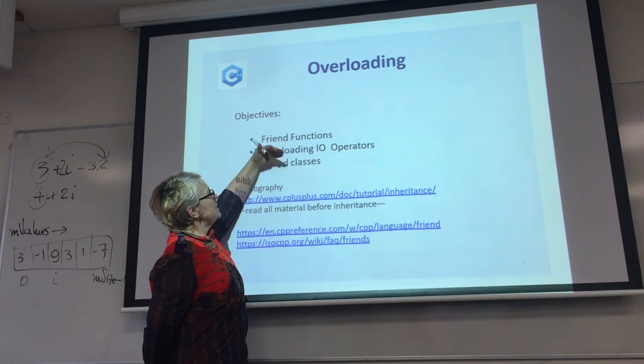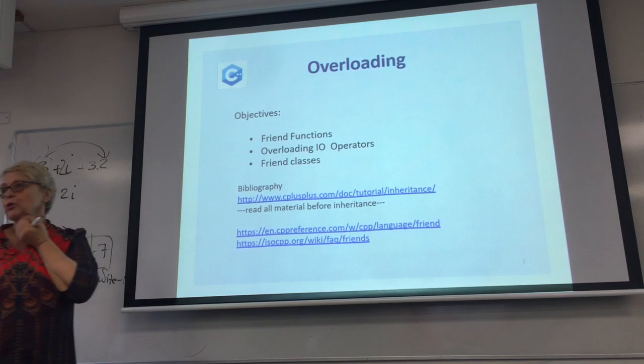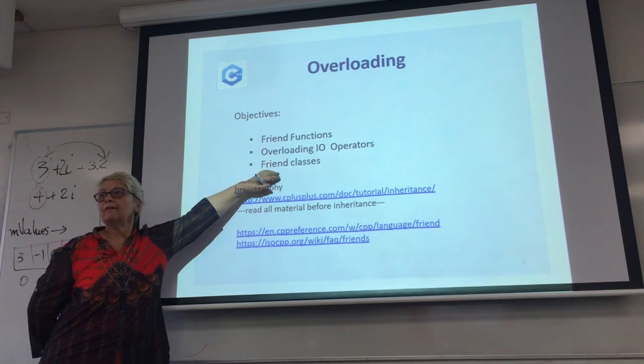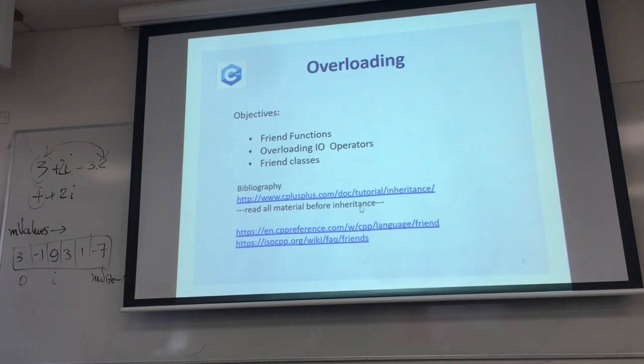This is, in particular, used for overloading input-output operators. This is a must, and we will see why. But be aware, we can have friend classes, not only friend functions. I would recommend you read this part, but only the first part, before inheritance, not what follows. And here you have some dedicated pages about friendship, because everything comes with a price.